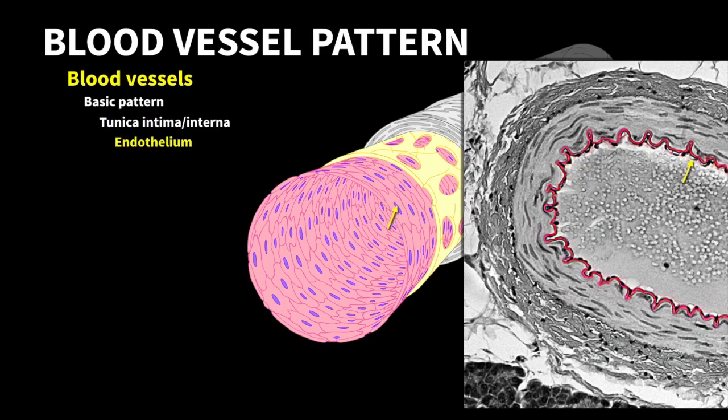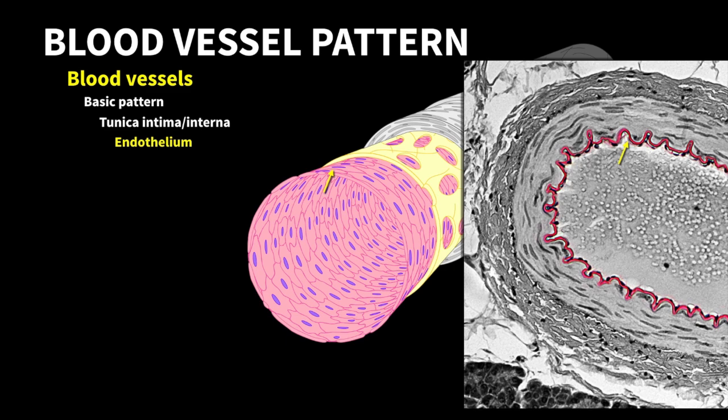The innermost of the two tissues is a simple squamous epithelial layer called endothelium. This thin layer of epithelium lines the entire cardiovascular system. That is, it is the tissue that the blood is in contact with as it moves through the heart and all the blood vessels.